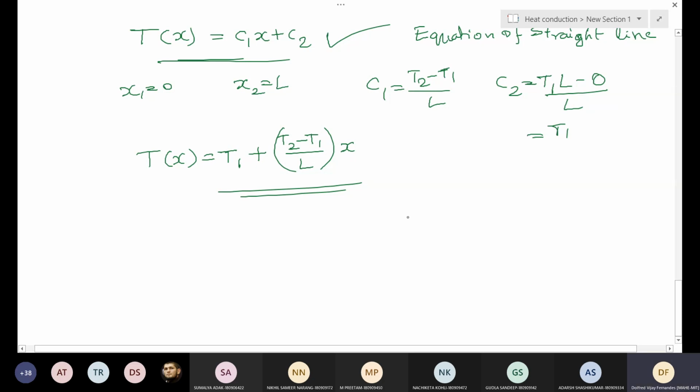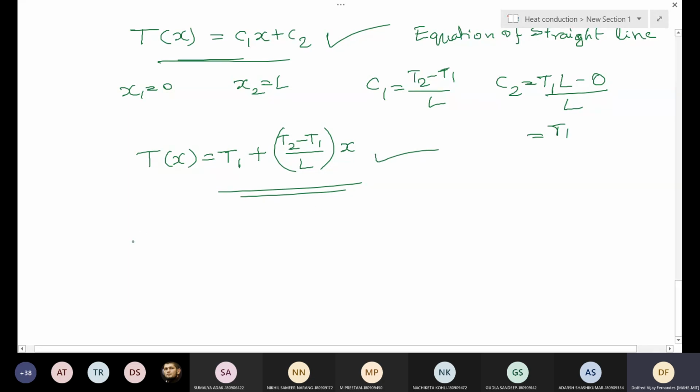So we will move on to the next case, that is the cylindrical wall. Again, I will tell you that if you know the temperature profile, you can obtain the heat transfer. For steady state anyway, it is a straight line.